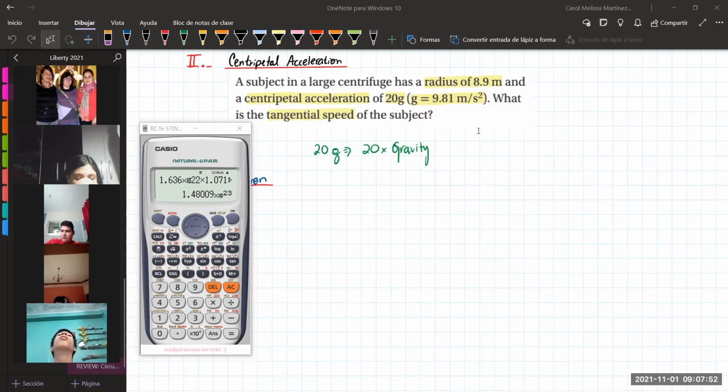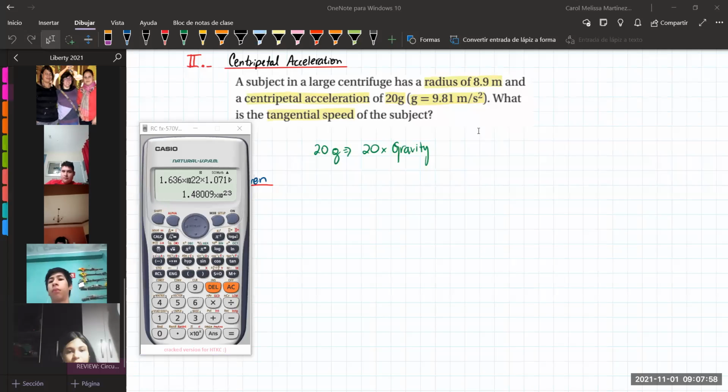The first given is the radius, 8.9 meters, and AC, the centripetal acceleration. They're telling you that it's 20g. As I told you, what 20g means is 20 times gravity.